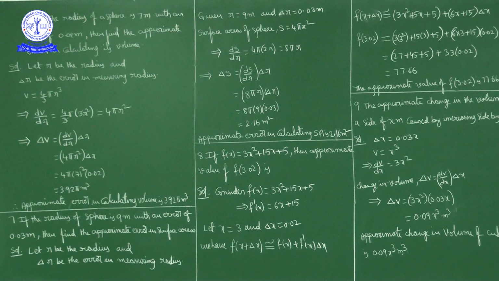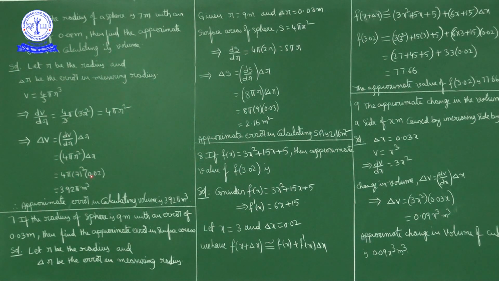Now where do we have to calculate this error in volume? When the radius is 7 meters and delta r, the error in radius, is 0.02 meters. So substitute 7 in place of r and 0.02 in place of delta r. So what do we get? 4 pi into 7 square into 0.02.